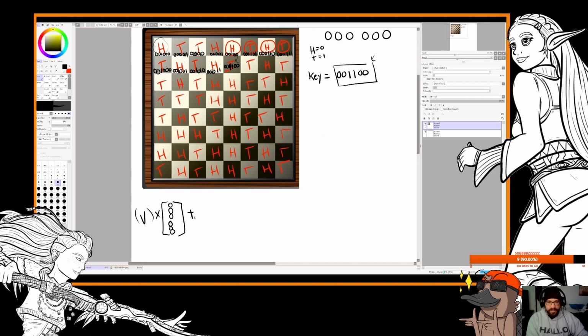And then I'm gonna add, which is XOR, the value of the second one. And this is gonna be 0, 0, 0, 0, 0, 1. And I'm gonna do this, as you guess, 64 times in total.